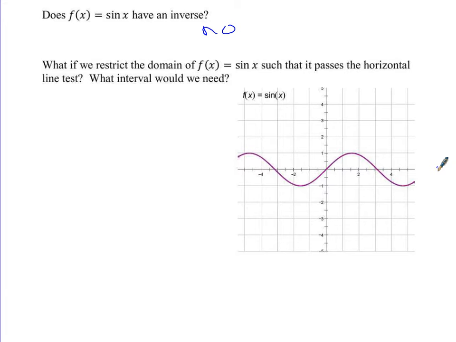But could we restrict the domain on sine so that it passes the horizontal line test? Yeah, we could. So to generate an inverse for sine, we have to restrict the domain. And if we do that, then it will pass the horizontal line test, and therefore it will have an inverse. So, can we restrict the domain somewhere?